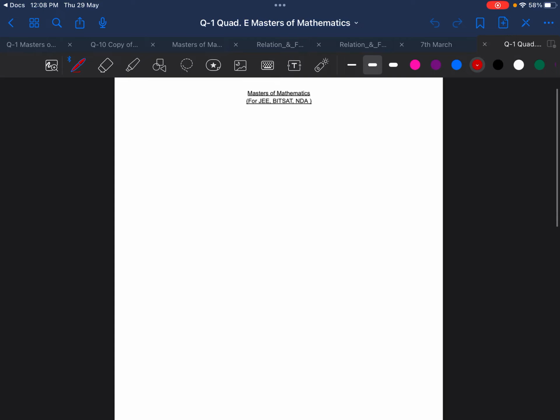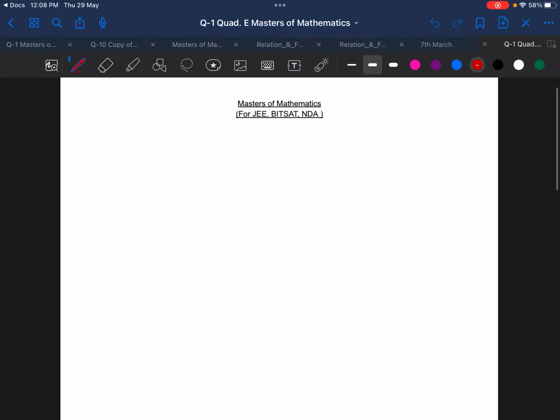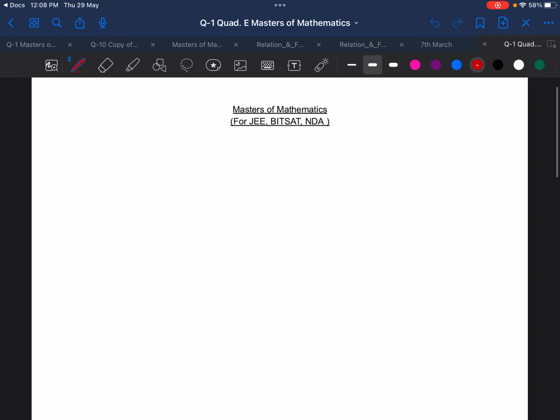Good morning, dear students. In the sequence of preparation of JEE Mains and Advanced, we are taking a very good question from the chapter Quadratic Equations.